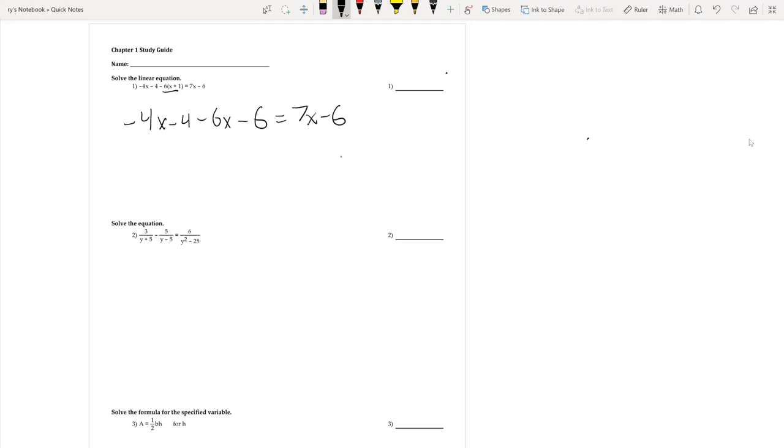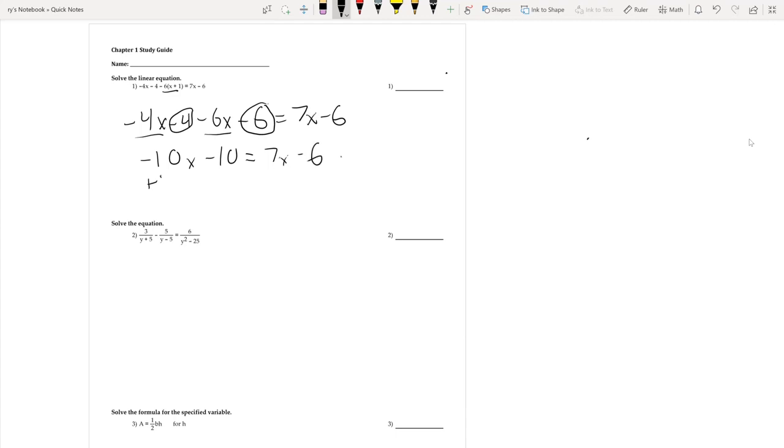Now I'm going to combine my like terms on the left side: my negative 4x and my negative 6x, my negative 4 and my negative 6. So I get negative 10x minus 10 is equal to 7x minus 6.